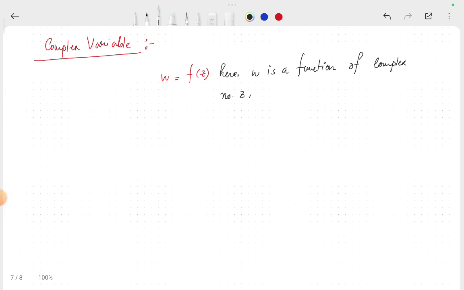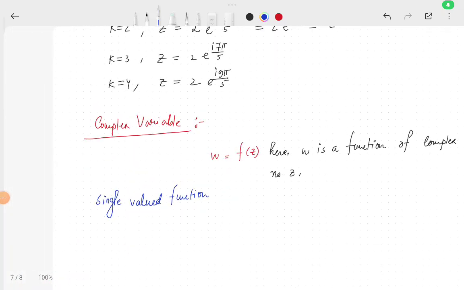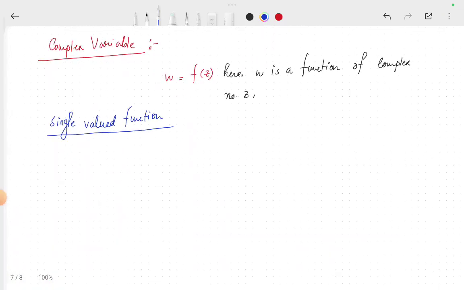Next I come to single valued functions and multi-valued or many valued functions. I try to cover them here. What are single valued functions? Let's discuss it, it is very important.